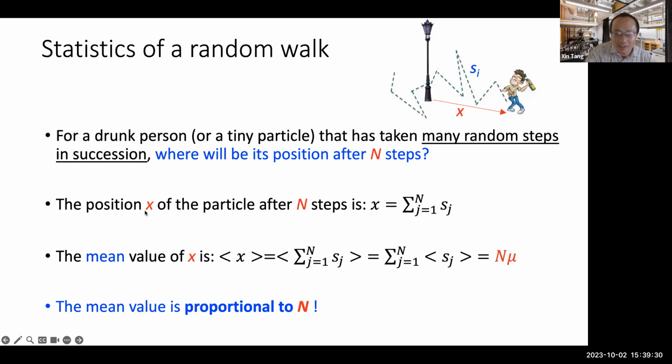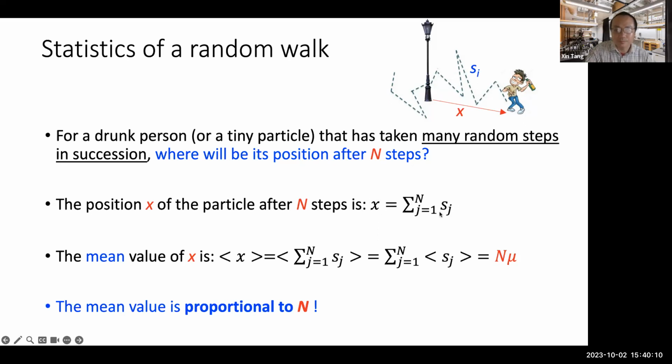Then that position x, if we see this as positive and negative in 1D, one dimension, the final position x is actually equal to the sum of s_j. s is a step, can be positive or negative. j is the step identity, which step, and that is from 1 to n, 1, 2, 3, up to n. And then add all those steps together, can be positive or negative. They also follow the probability distribution w(s). So then they sum all the s together, and then you have the final position x, right?